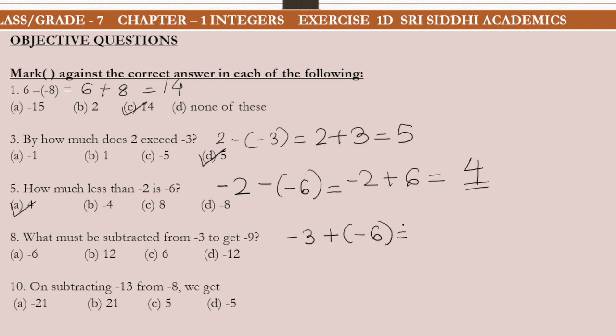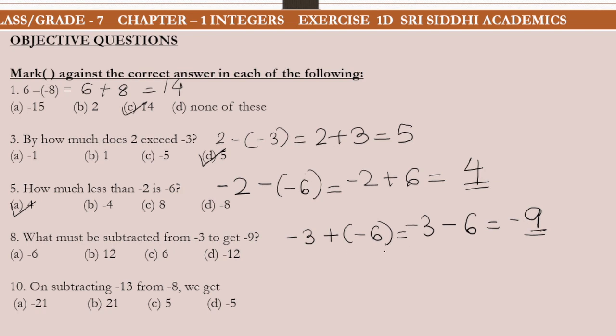I'll get minus 3, and when we remove the bracket, it will be minus 6. Then we get minus 9, which is a value smaller than both these values, minus 3 and minus 6.